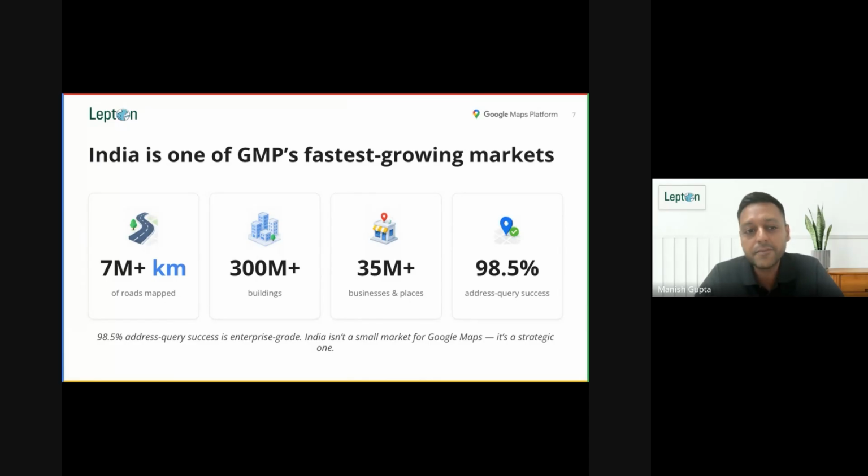There are 35 million businesses and places listed on Google Maps for India, from your local kirana store to the largest factory. And they claim a 98.5% address query success. So if you ask for any Indian address on Google Maps, 98 out of 100 times, you will find it.